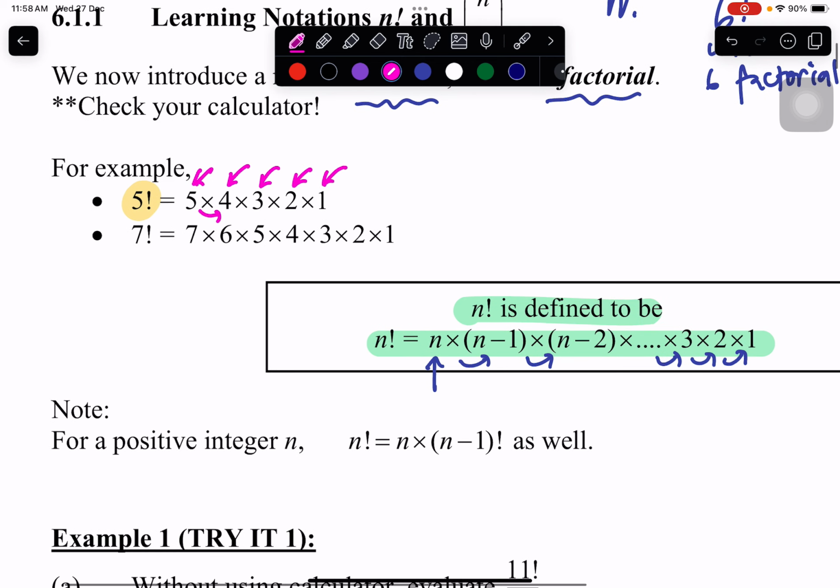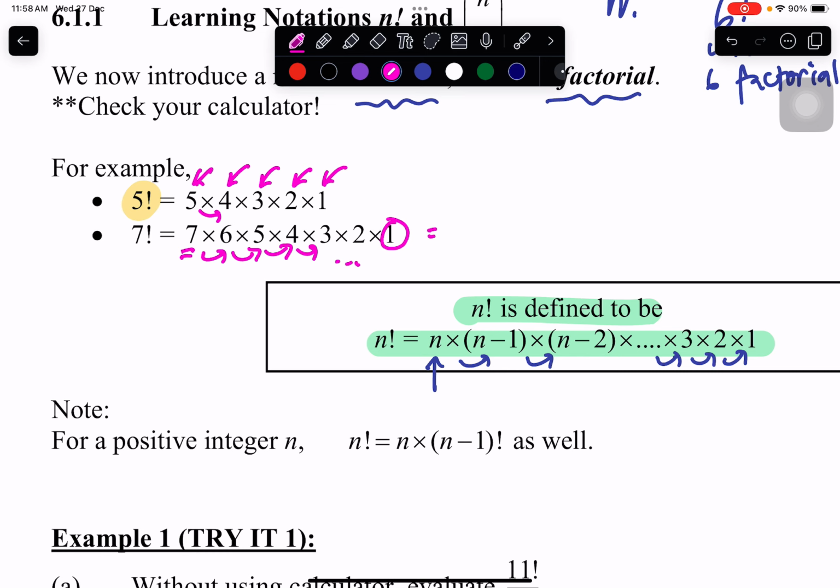Similarly, if I have 7 factorial, I start off with 7 and multiply each preceding term, which is 1 less, all the way until I obtain 1. This can be evaluated using your calculator.